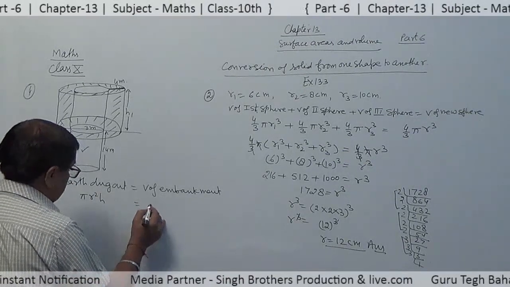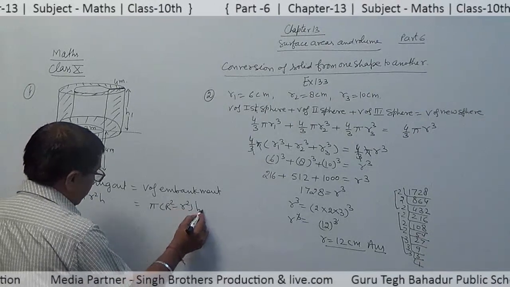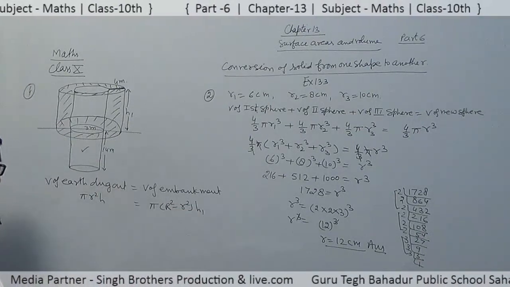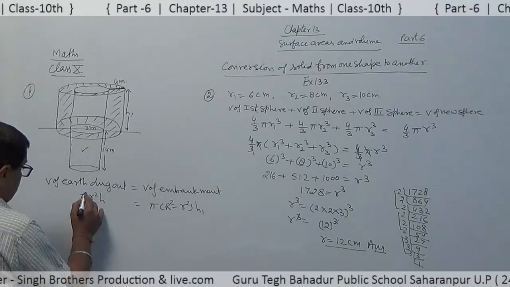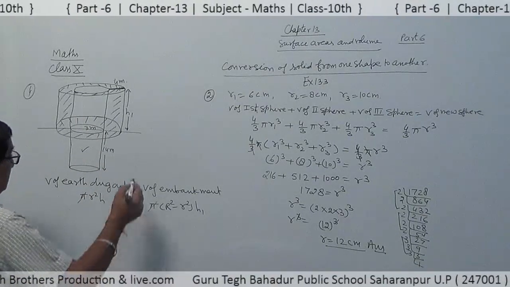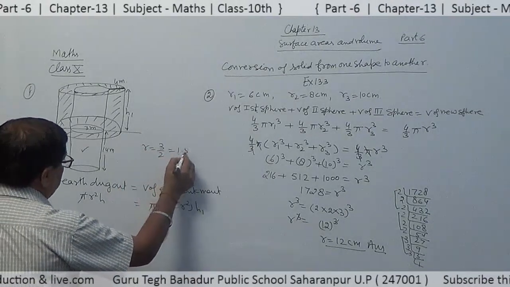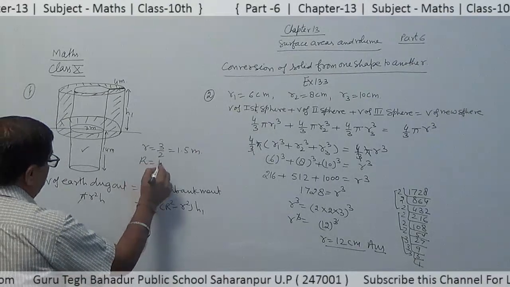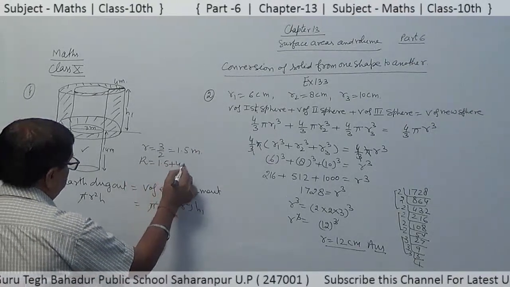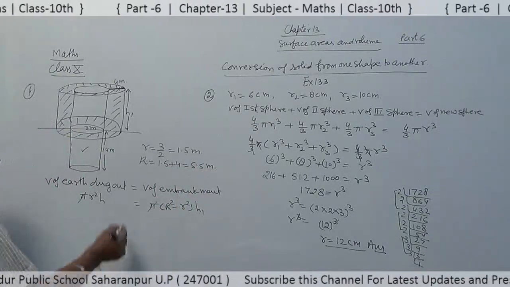The embankment is pi capital R square minus small r square into h1, because it is a hollow cylinder. Pi and pi cancel. Small r is 3/2, that is 1.5 meter. Capital R is 1.5 plus 4, 5.5 meter.